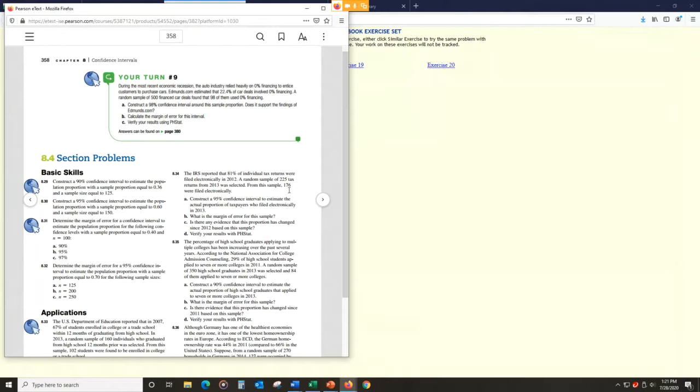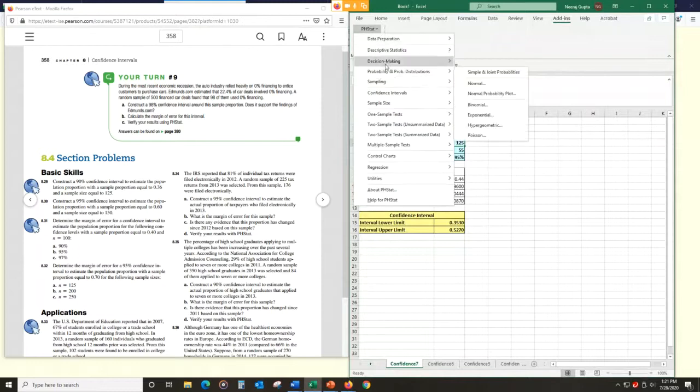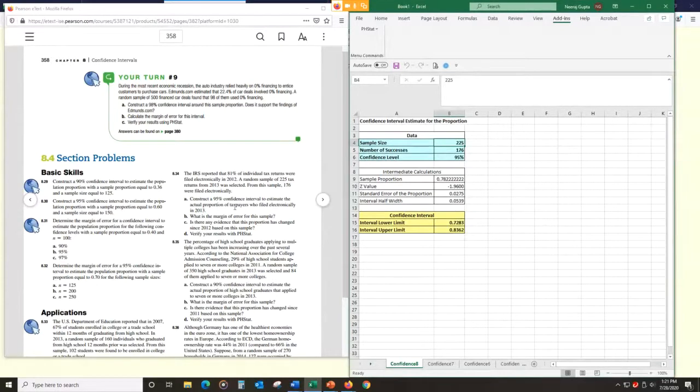It is already given to you. You do not have to do any math. So to find the interval, you go to estimate for proportion and provide sample size as 225 and number of successes as 176, and the confidence level as 95.